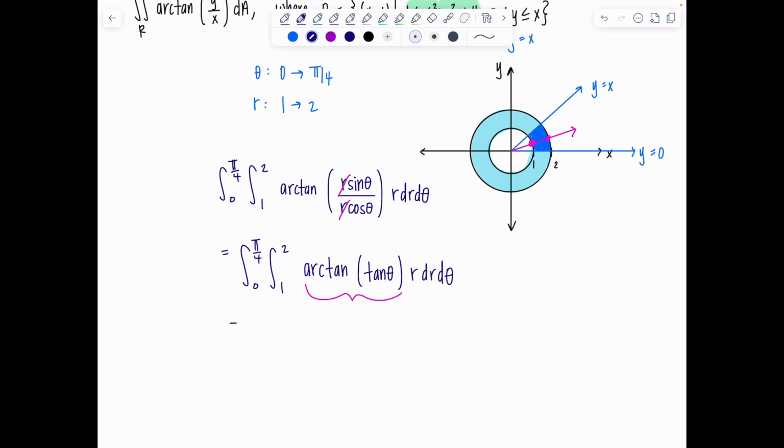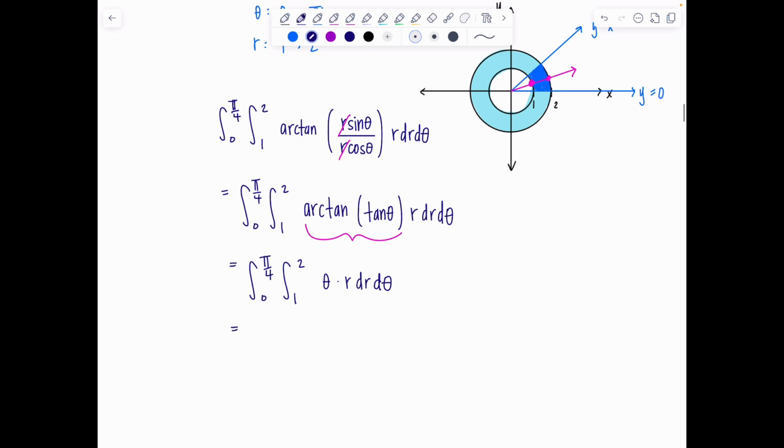That's nice. 0 to pi over 4, 1 to 2, theta times r dr d theta. What a nice problem. Then we can split these up, okay? We can split them up. 0 to pi over 4, theta d theta, and then 1 to 2, r dr.